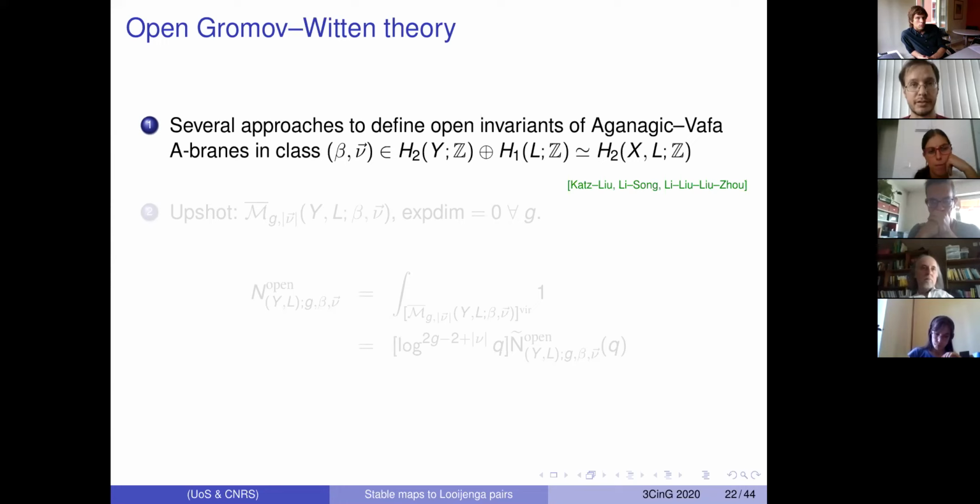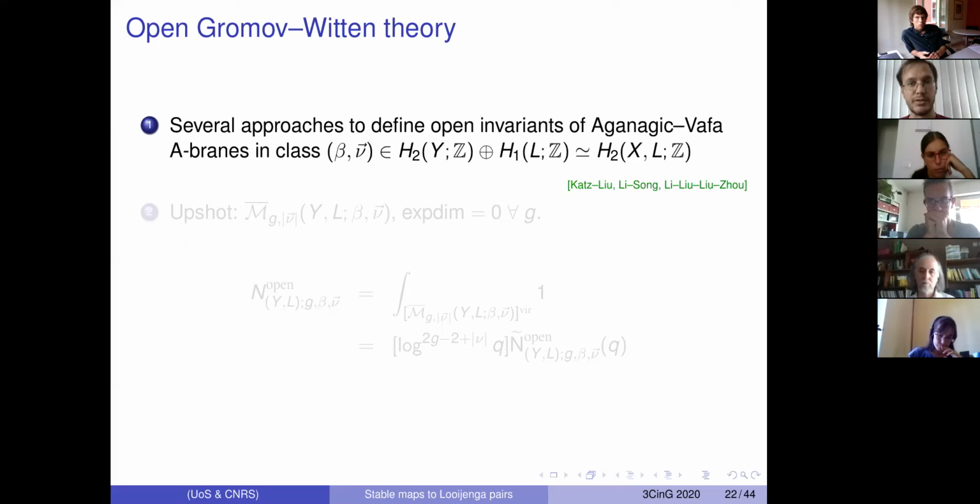Algebraic geometrically, this is a hard problem for two reasons. One problem is that Y is non-compact, L is non-compact, and moreover, L has a half integer complex dimension. So L is a three-dimensional special Lagrangian.